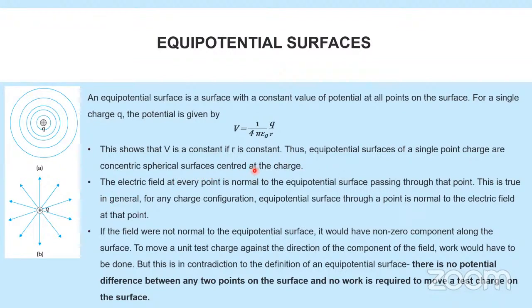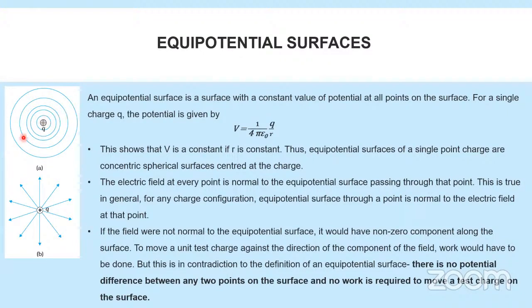The electric field, as we know, is normal to the equipotential surfaces. Suppose we are considering this as a positive charge.